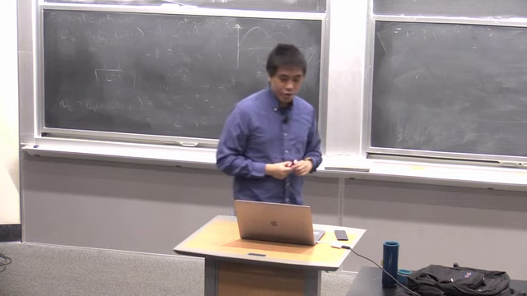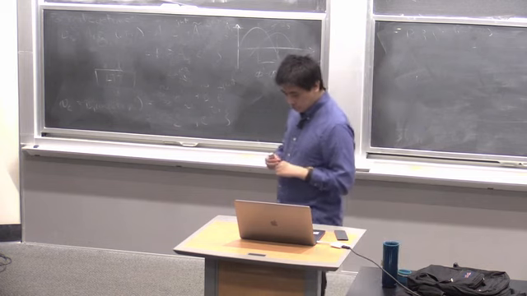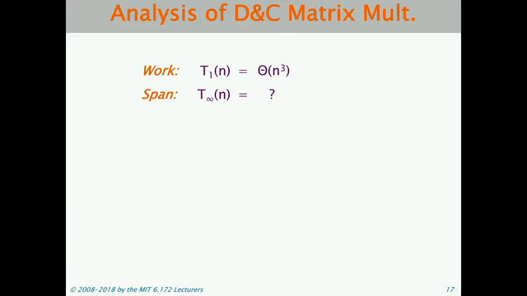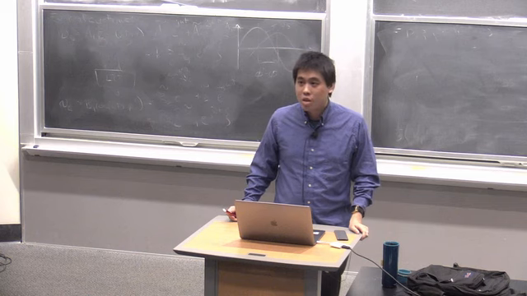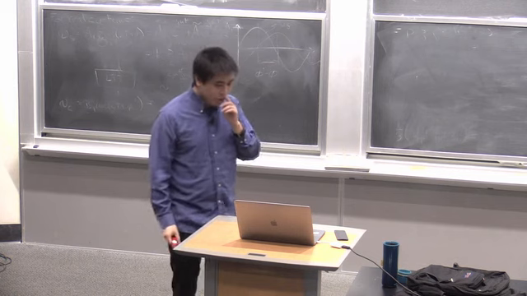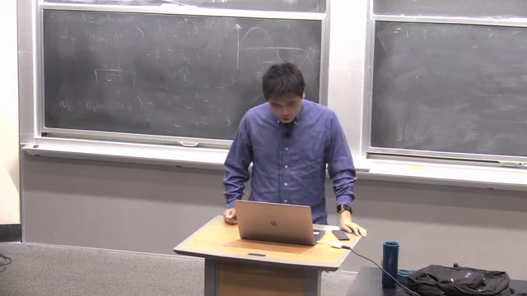Right, so then the span of that is just going to be log n, since the span of one Cilk for loop is log n, and when you nest them, you just add together the span. So it's going to be T infinity of n equals T infinity of n/2 plus order log n. And what does that solve to? Yeah, so it's going to solve to order log squared n. Again, you can pull out your master theorem card and look at one of the 3 cases.